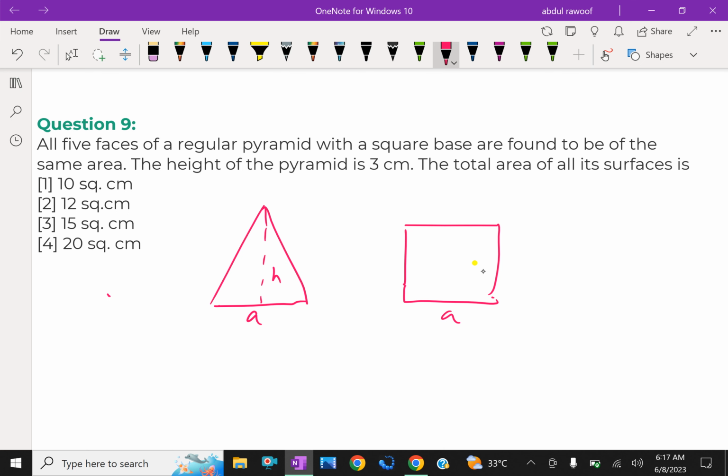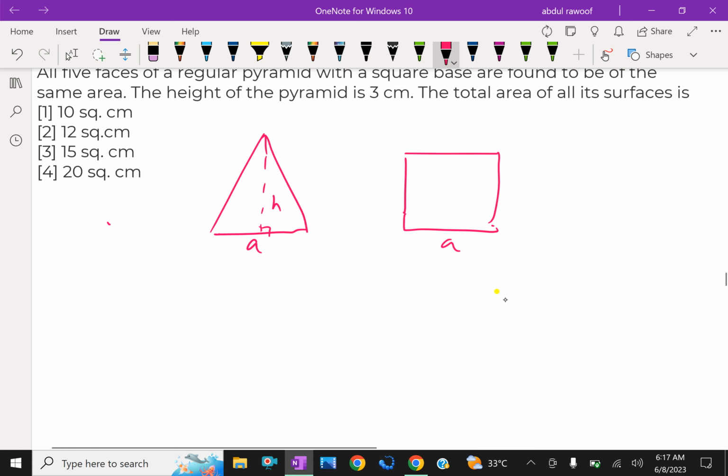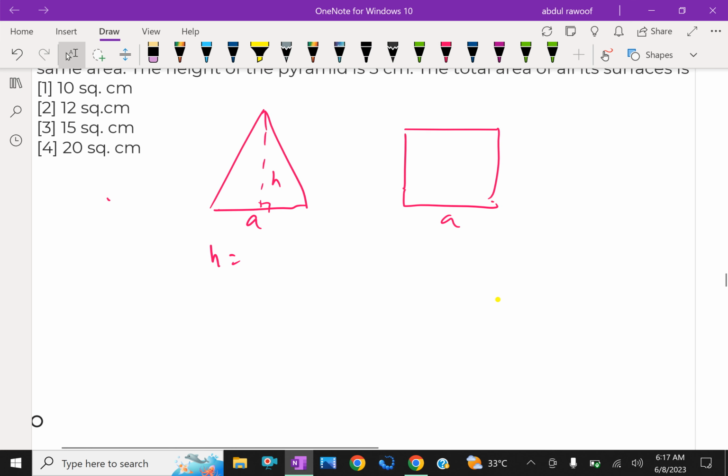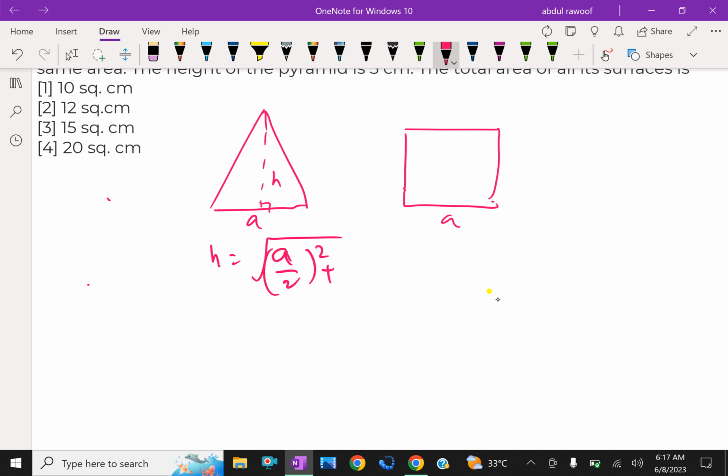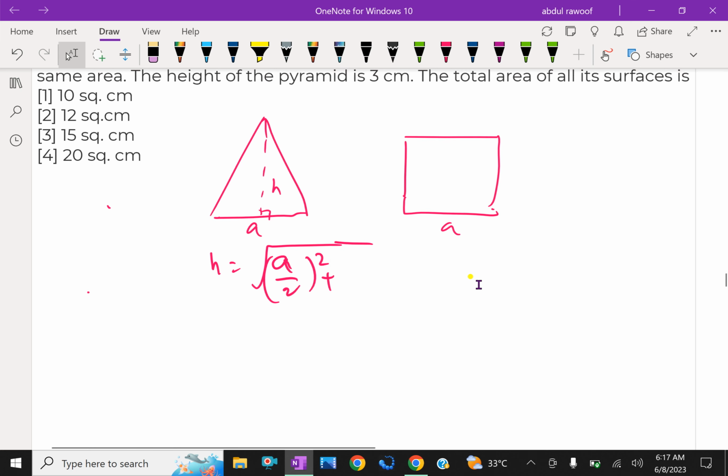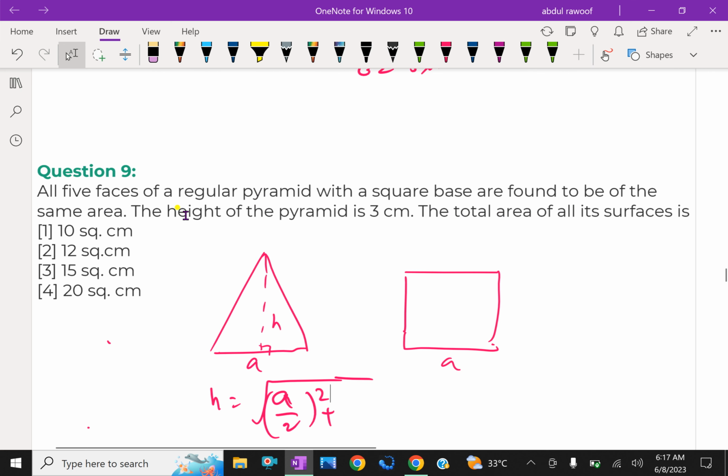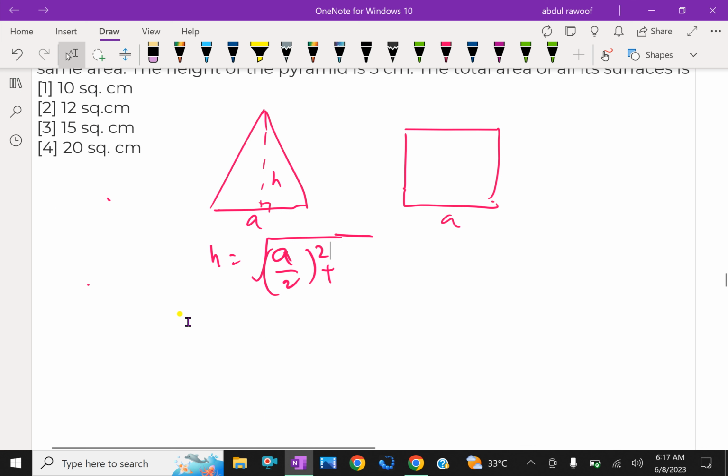Because it is a 90-degree triangle, H equals the square root of (A by 2) squared plus 3 squared, because the height of the pyramid is 3.